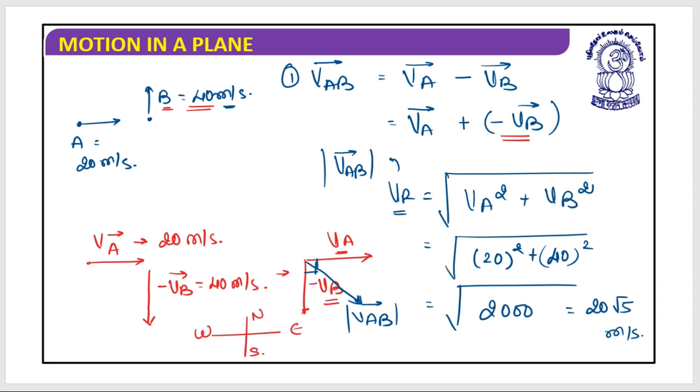So what I can see is that velocity of A with respect to B is in south east direction. That's it. I hope those things are clear. So velocity of A with respect to B is in southeast direction. Is it clear? Great.